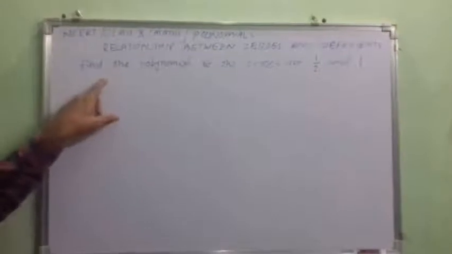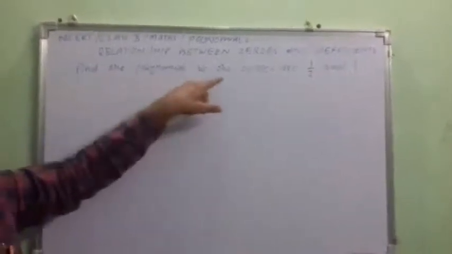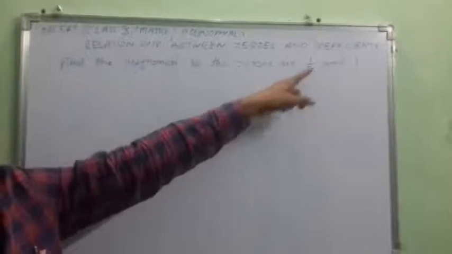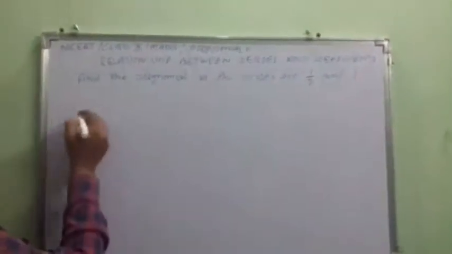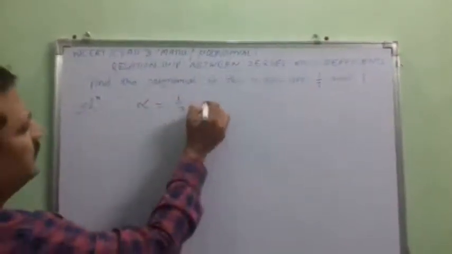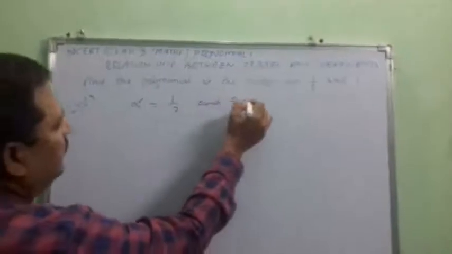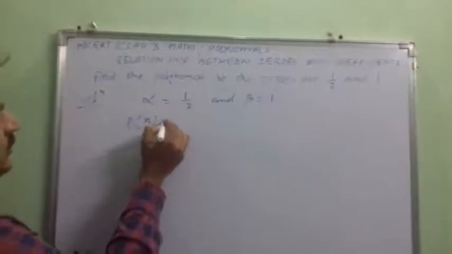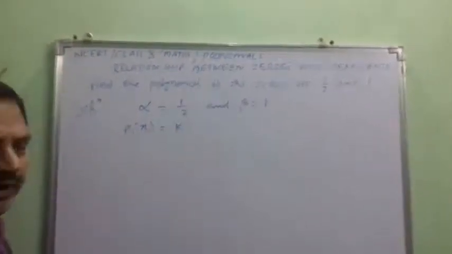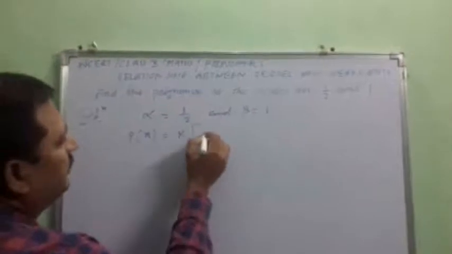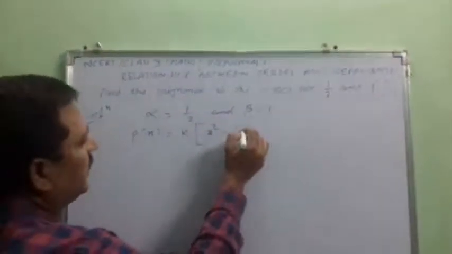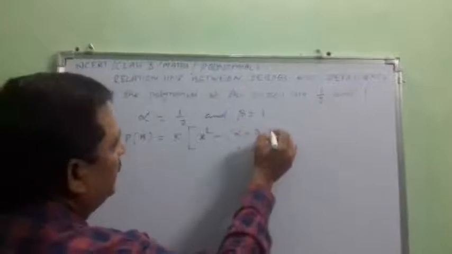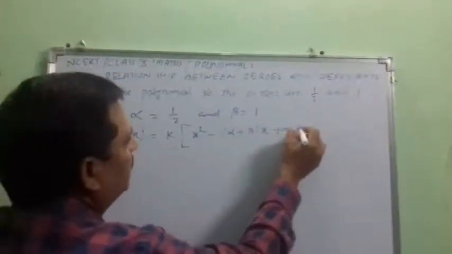Let's take another example. Find the polynomial if the zeros are 1 by 2 and 1. Okay. Now here we are given the zeros. So alpha is given 1 by 2 and beta is given 1. Okay. So what is the polynomial? So polynomial equal to, here we can multiply k whole into x square minus (alpha plus beta) into x plus alpha beta.